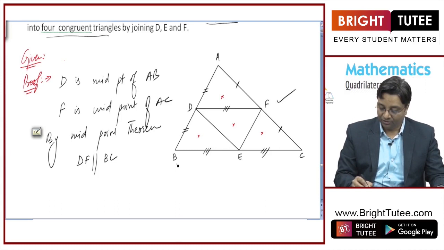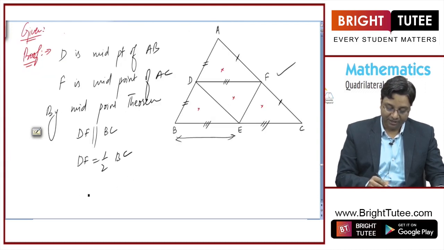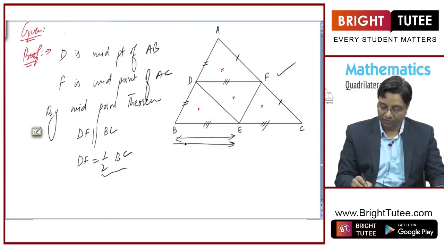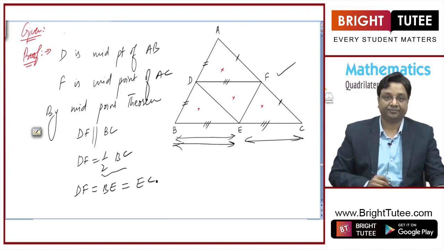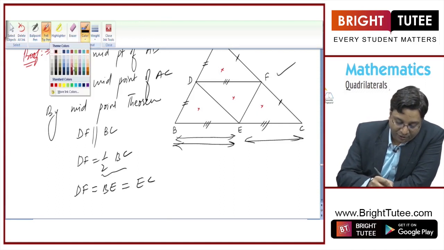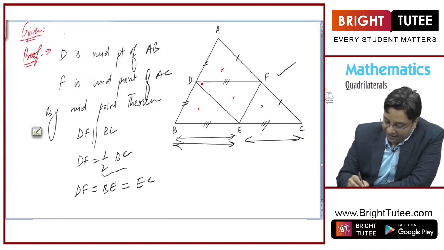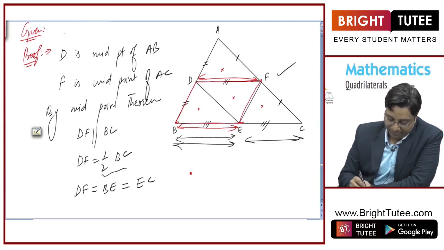So DF is equal to BE here. DF is parallel to BC and DF is half of BC. That means half of BC is also equal to BE and EC, right? So DF is equal to BE is equal to EC. Now if you have noticed this much, it will be very easy to understand that if DF is parallel and equal to BE, this quadrilateral DFEB is a parallelogram.